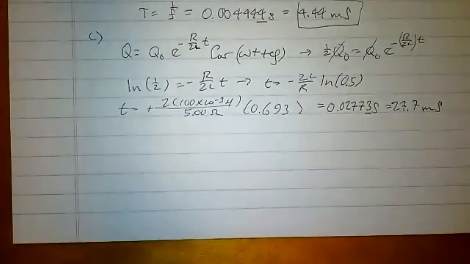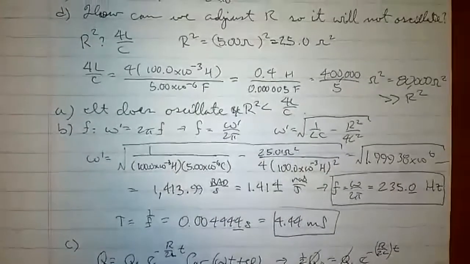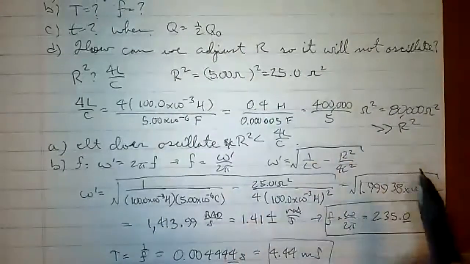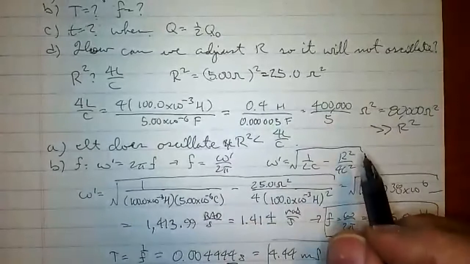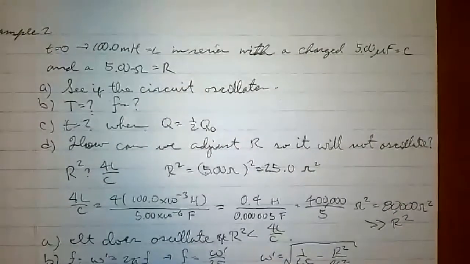Okay, now part D. Part D is how would we make it not oscillate? Well, if you wanted it to not oscillate, then you'd want R squared to be equal to 4L over C, or whatever that condition was.